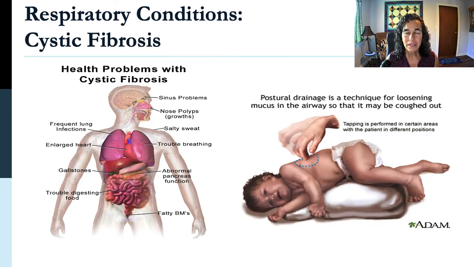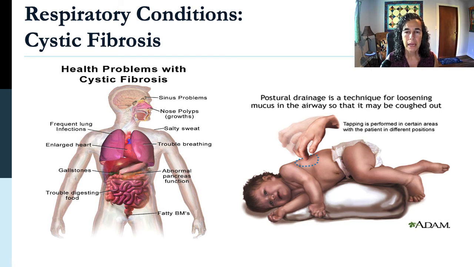The next respiratory condition is cystic fibrosis, which is sometimes called CF, and it is a condition where there is an overgrowth of mucus throughout the body, right? So it results in a thick cough.